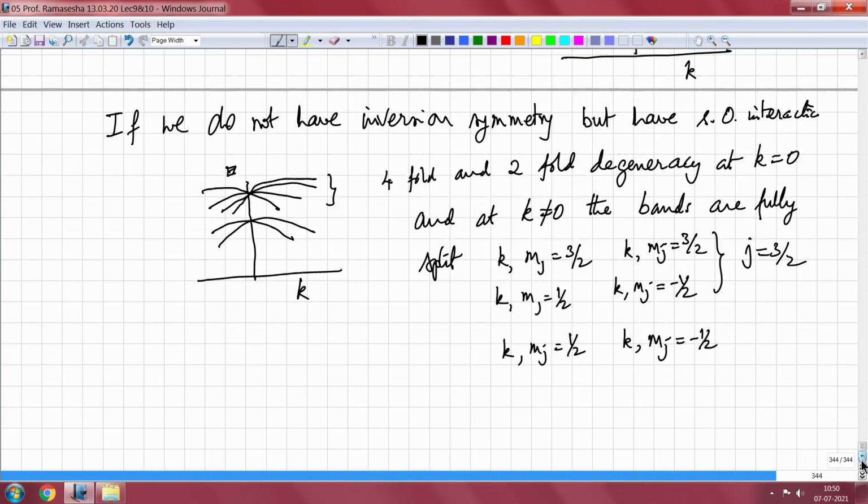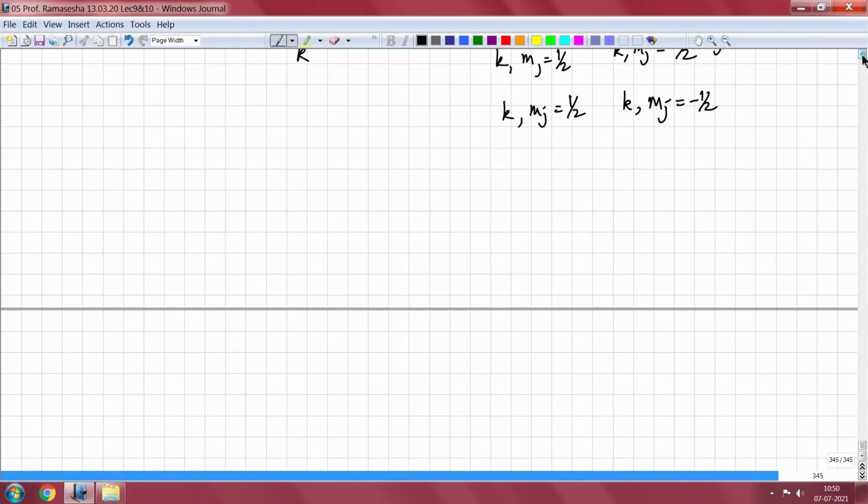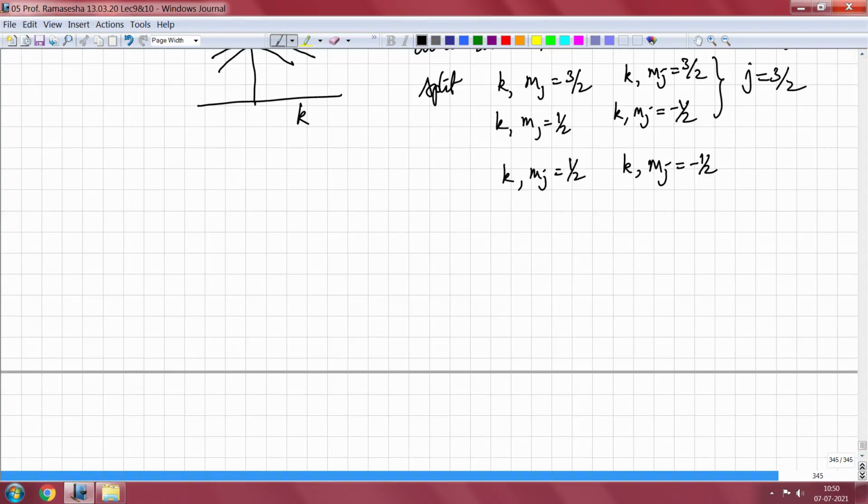So this is how the energy band picture will look when you have spin orbit interaction. Well, let me look at spin orbit interaction a little more in detail.